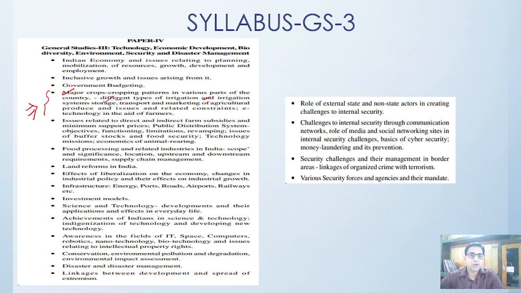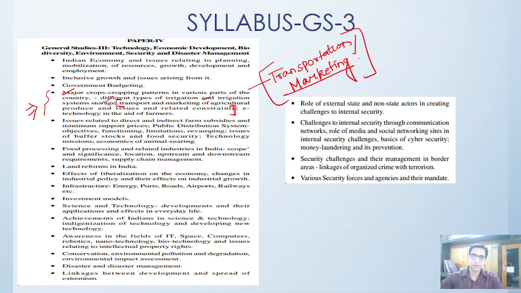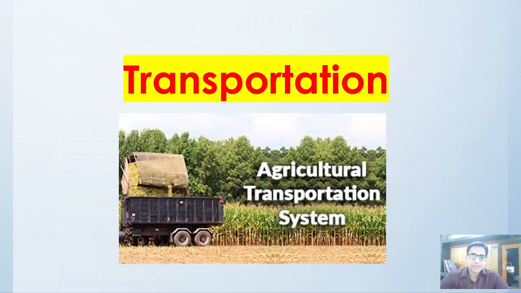Today we will be doing transport and marketing of agriculture produce and issues and related constraints. So the focus will be on transportation and marketing. First, we will start with the transportation part, and after that we will do the marketing part. So let's start with the transportation of agriculture produce.